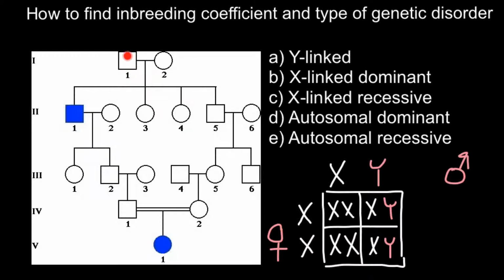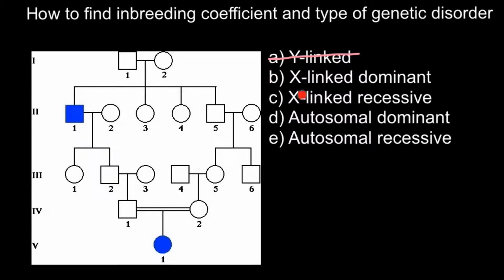But we see that this male is normal. Also, all the male progeny of this person would have to be affected. We see here that this couple has a son, and the son is phenotypically normal. So we can say that this is not a Y-linked genetic disorder.